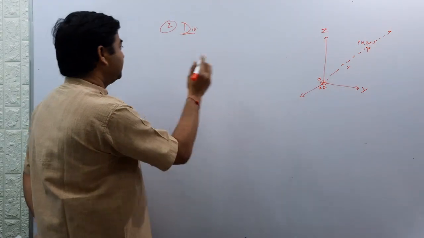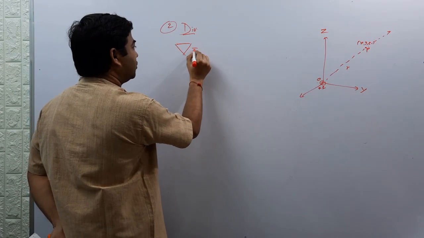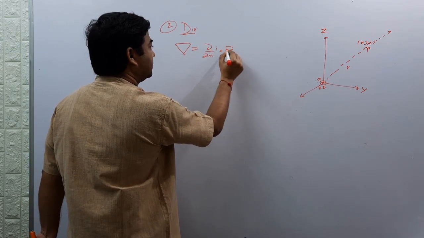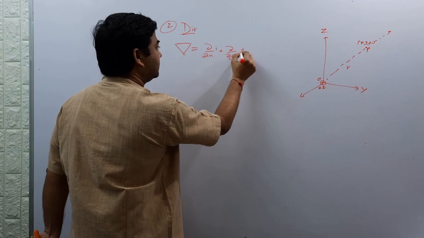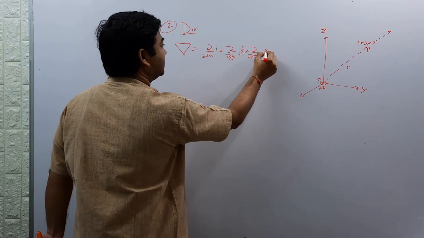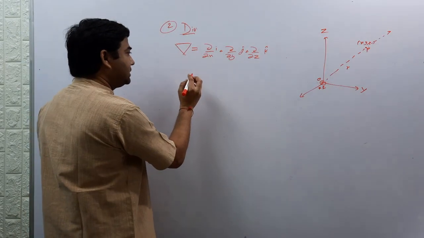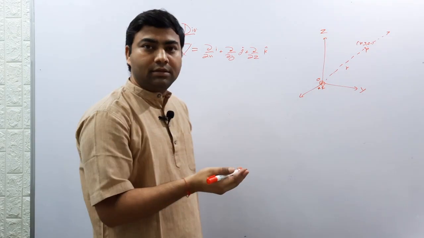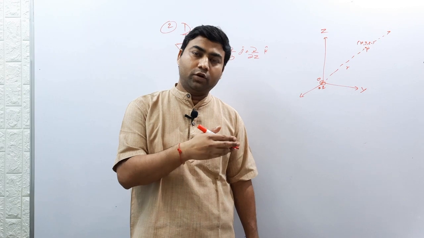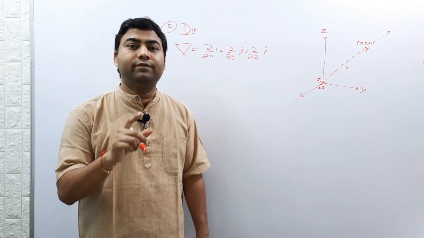So we know del is a vector operator, del x i, del y j, del z k. Divergence, unlike gradient, which we have found for a scalar function, is found for a vector function.